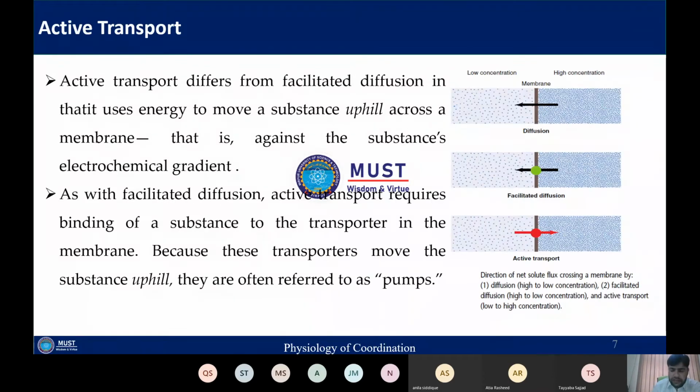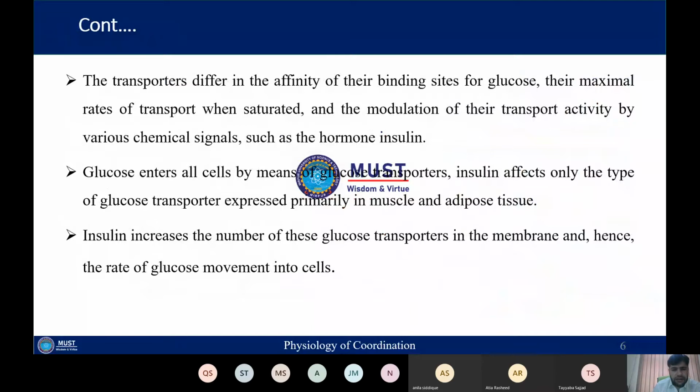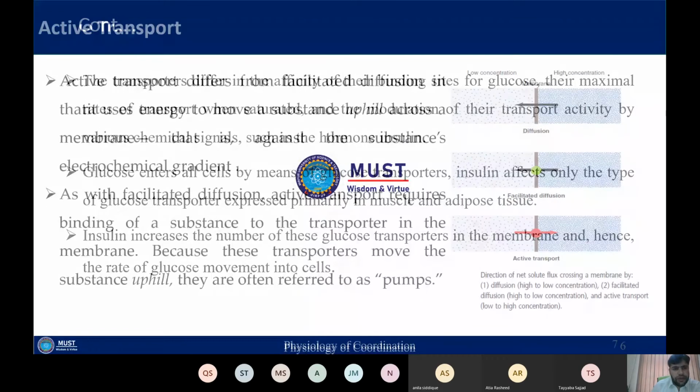This type of mediated transport is called facilitated diffusion, and primarily glucose is transported from the extracellular side to the intracellular side of various types of cells with the help of facilitated diffusion, or mediated transport. The transporter proteins in glucose transport are called GLUT molecules, either GLUT2 or GLUT4.